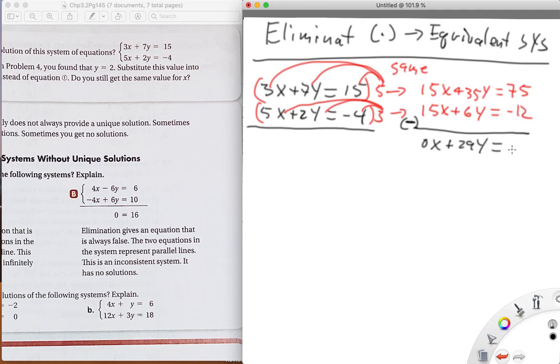That gives me 87. So then this is gone. I'm going to divide both sides by 29, and I get that y is equal to 3.